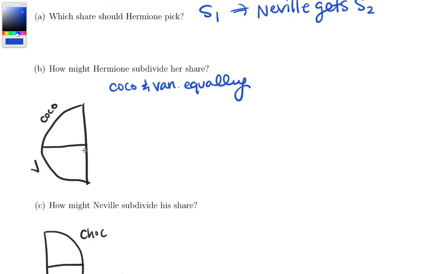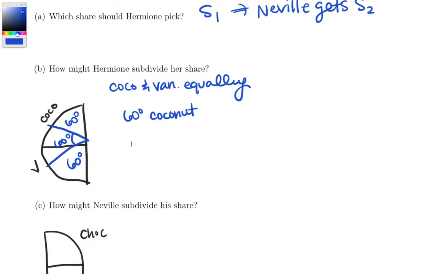One part she doesn't like more than the other, so she can just take this whole thing and divide it into thirds. And remember, half of this is 180 degrees, so that is 60 degrees here, 60 degrees here, and 60 degrees here.